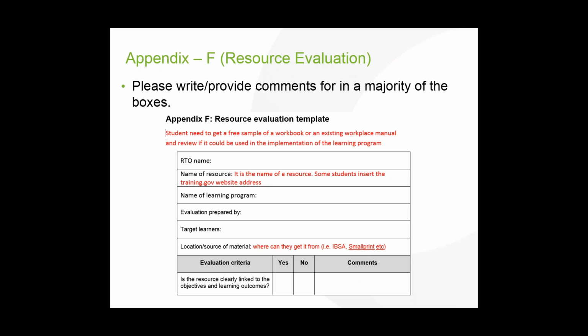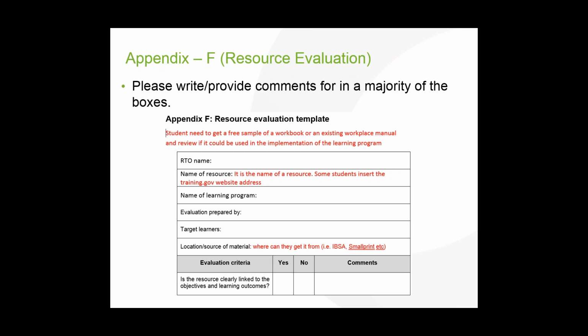any RTO, I would suggest Google it. I would select slideshare.net, type in the code of your unit of competency, and you would find heaps of stuff. And most of the stuff is Creative Commons, which means you can use it. Get that resource evaluated based on the evaluation criteria given in this appendix.